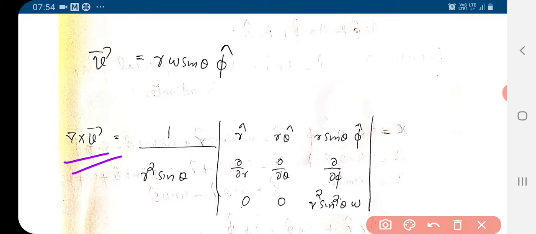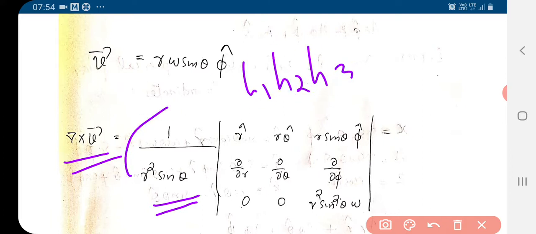We know this is the equation. These are the scale factors, the product of scale factors h1, h2, h3, and here we have r, r sin theta, and del by del r, del by del theta, del by del phi. Here we have h1 v r, h2 v theta, h3 v phi.